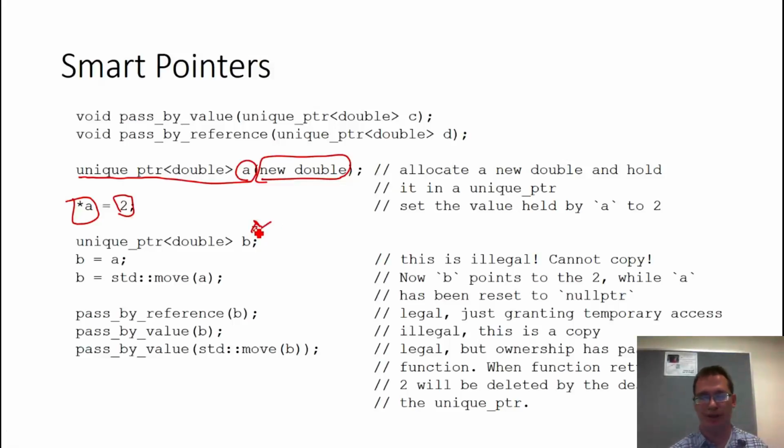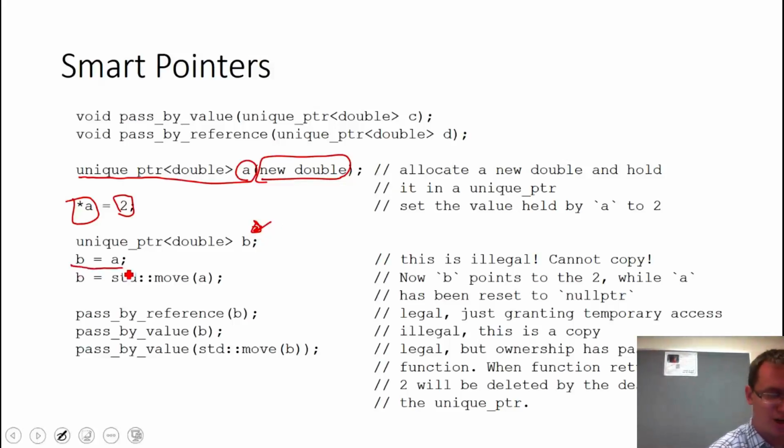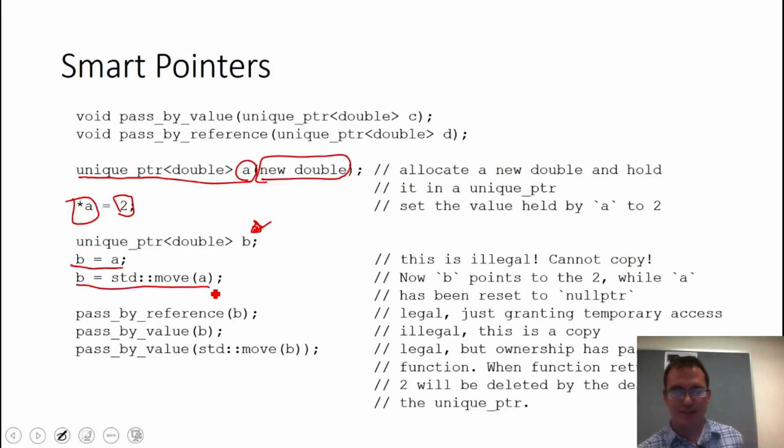It's currently not pointing to anything. However, this line here would invoke a copy, and this is illegal. Cannot be done. But we can move it by using this syntax here.